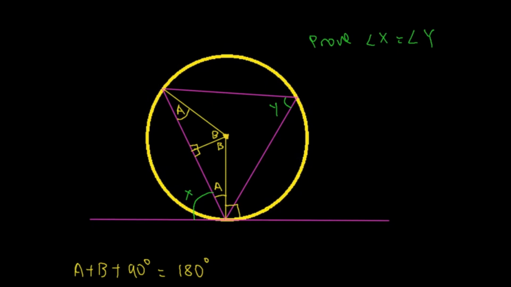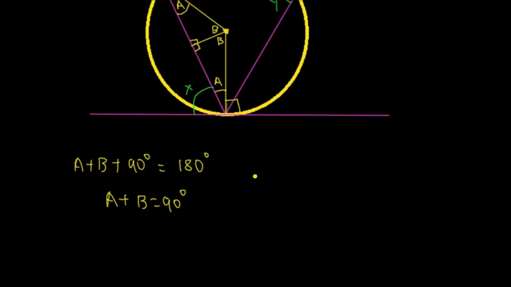So this whole angle here is 180 degrees, made up of x plus a plus this 90 degrees. So x plus a plus 90 degrees equals 180 degrees. Subtract 90 degrees from both sides, and we have x plus a equals 90 degrees.